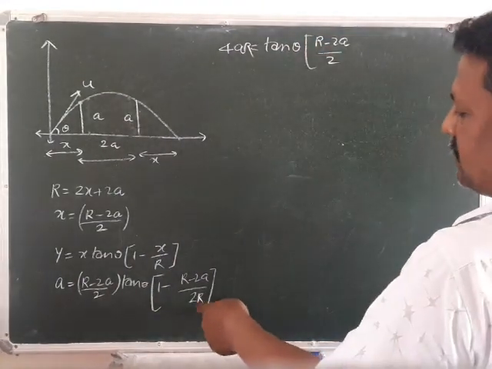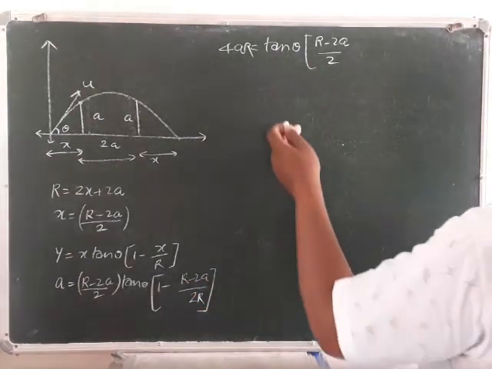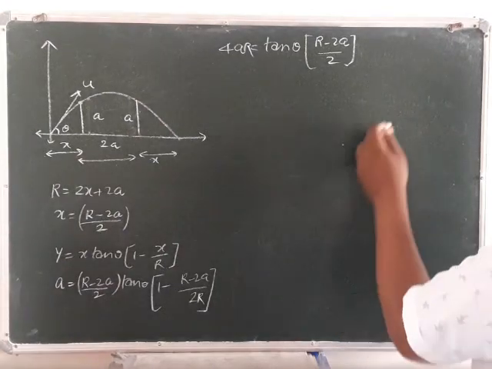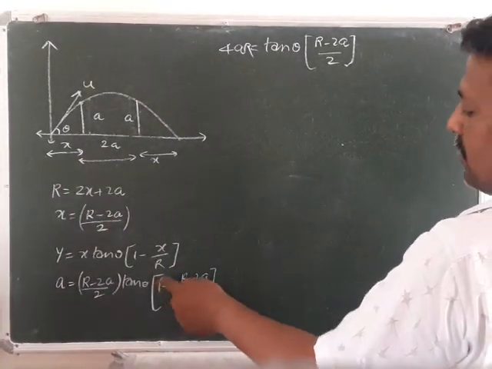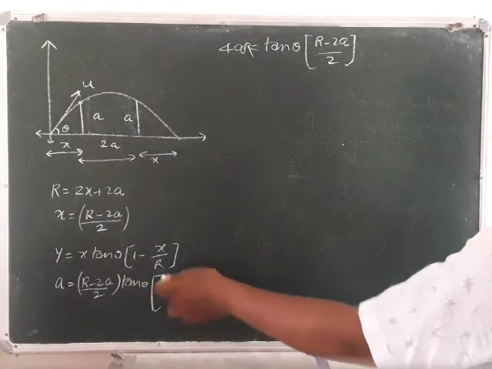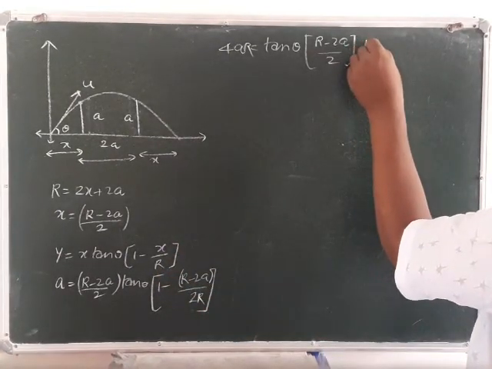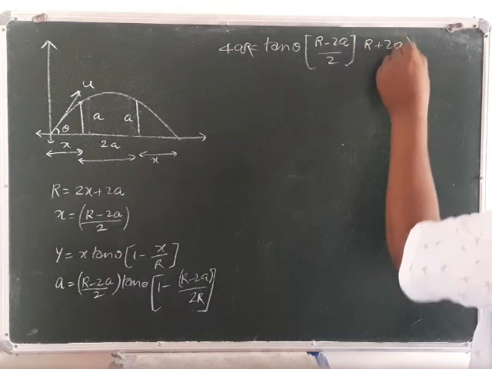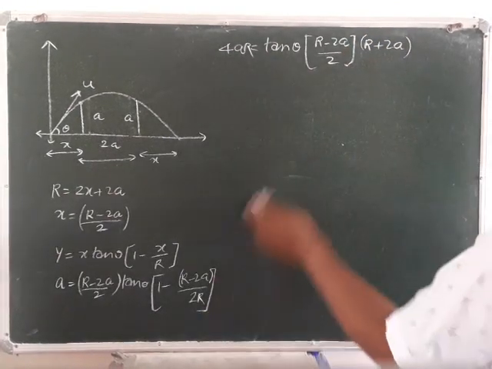The second one is 2R minus R is R, minus of minus plus 2a, so it is R plus 2a by 2R.